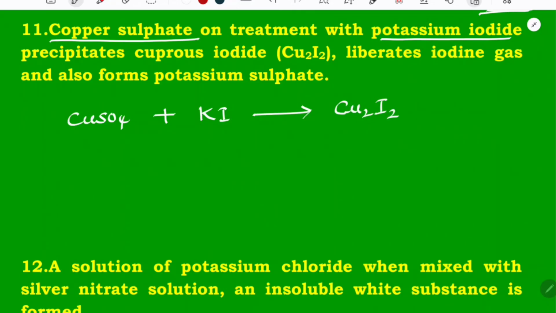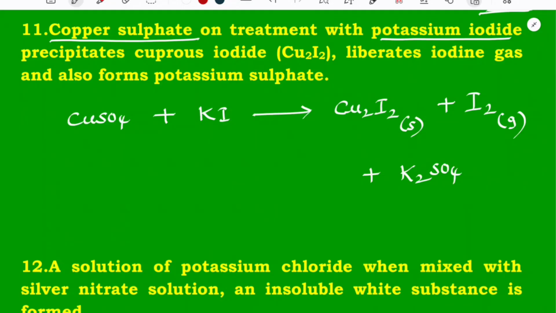Cuprous iodide is a solid precipitate. It liberates iodine gas, I2, in the form of gas, and also forms, I am writing, potassium sulfate, K2SO4.